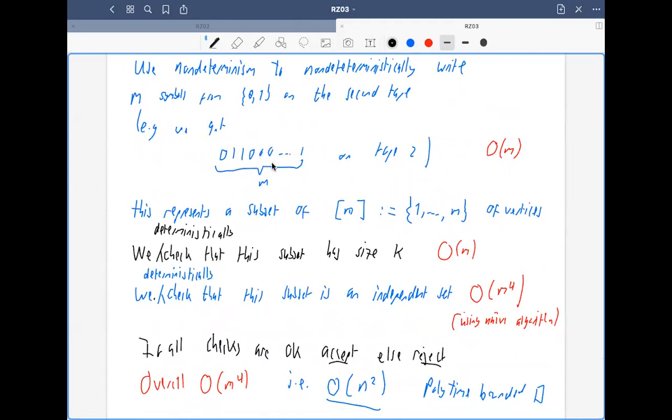And now actually m here is some complicated function of the input length n, which involves a square root and is not quite an integer polynomial.